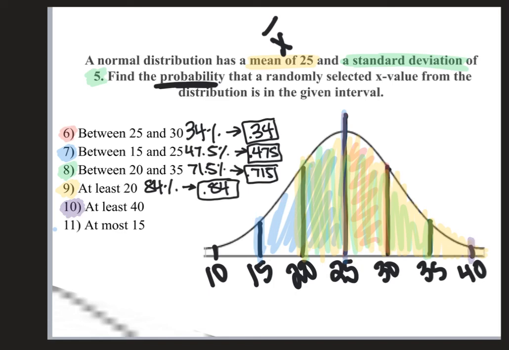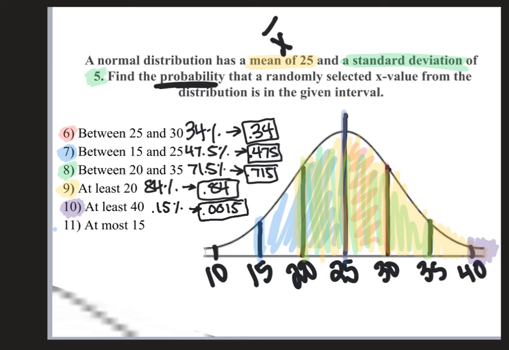So here I have 40, but I need more than that. So I'm going to go to the right. Now, that is 0.15%. That as a probability is 0.0015. So it's really, really, really tiny. And I only really shaded something really small, so that should tell you that your answer matches. Okay?